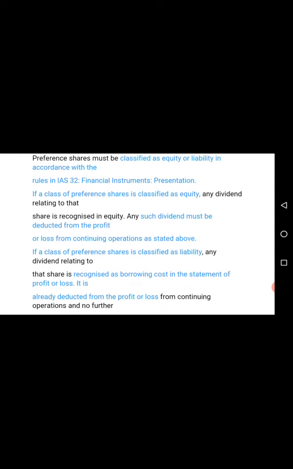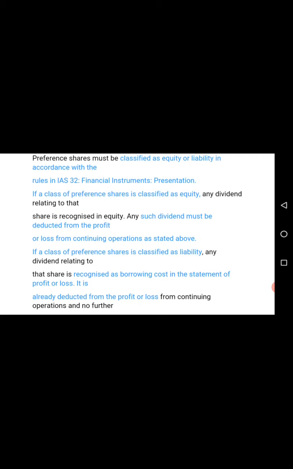Now, if it is classified as a liability in line with IAS 32, any dividend related to that share is recognized as borrowing cost in the statement of profit or loss. Now, borrowing cost is just as the interest that is incurred in borrowing for financing a project, for buying anything related to your business.